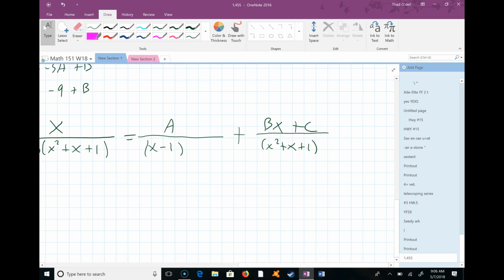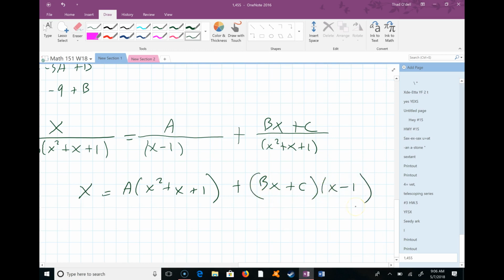Okay. So now I'm going to do the same thing I always do, multiply by the common denominator. And I'm left with an x here. I'm left with an a times x squared plus x plus 1. And I'm left with bx plus c times x minus 1. Okay, so let's multiply some things out.